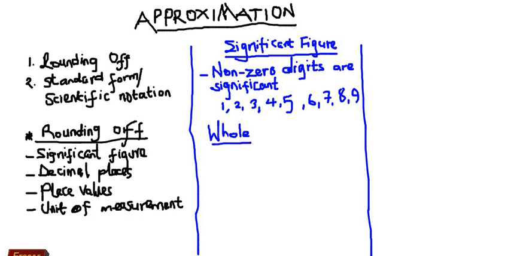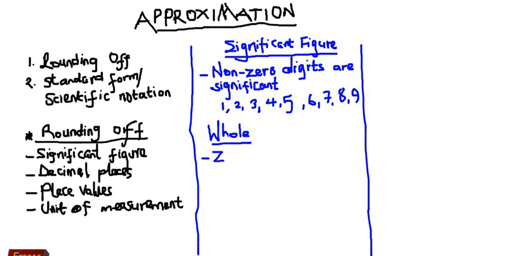So if you are dealing with a whole number, the issue of the significance of 0 comes in. 0 is only considered significant when it is between non-zero digits.